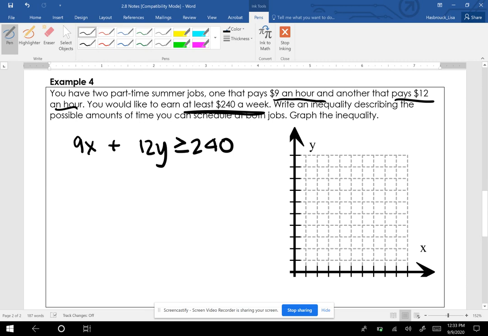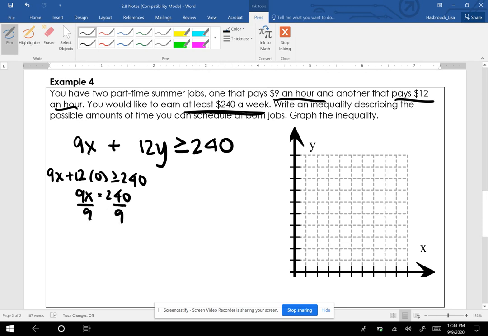So to graph it, we could find intercepts. To find the intercepts, that's where you make x 0 to solve for y, and y 0 to solve for x. So for my x-intercept, I get 9x is equal to 240, divided by 9.